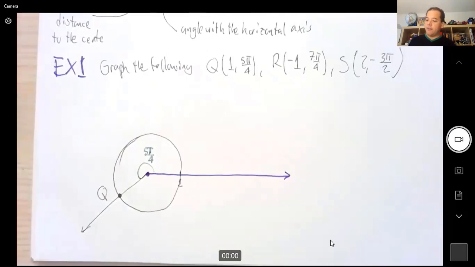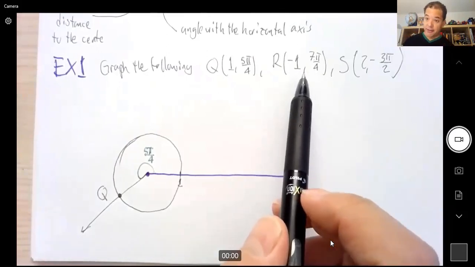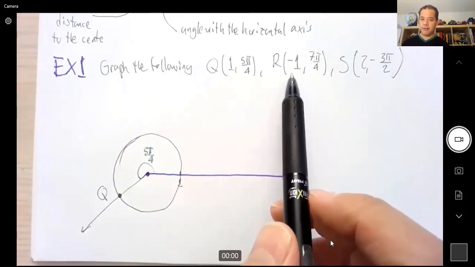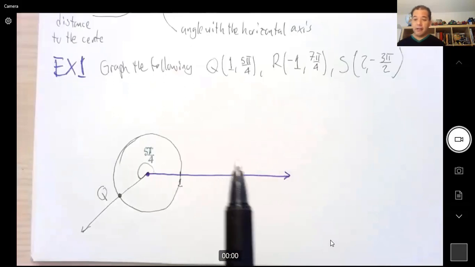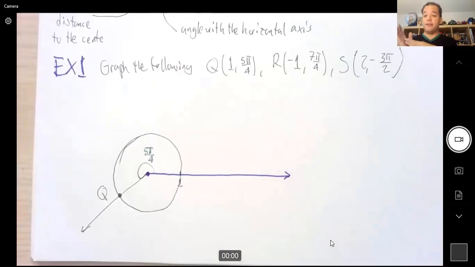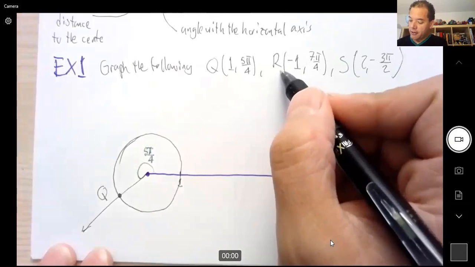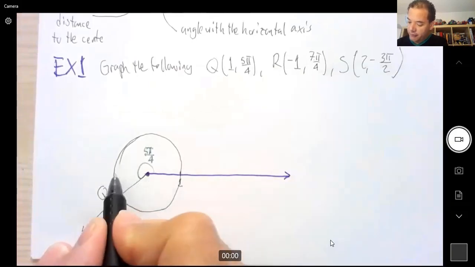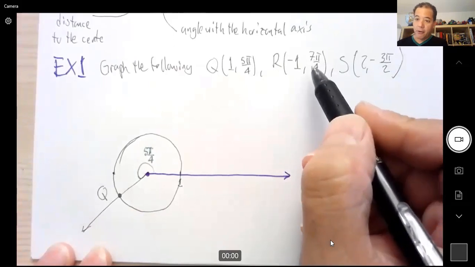Now, notice the next one. The next one is kind of weird because it says radius -1. All right? So what is the meaning of radius -1? Well, when the radius has a negative sign, what you're supposed to do is to take the radius 1, but go in the opposite direction. All right? So this one has radius -1. So we should actually start in the opposite direction right here, right? And then an angle of 7 pi over 4, right?